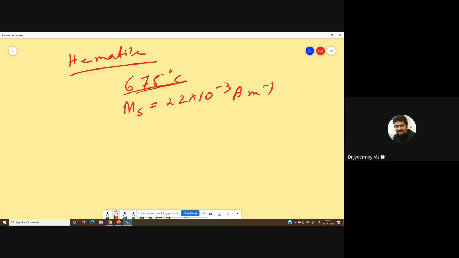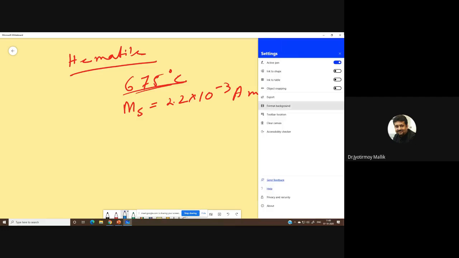I'll just finish the class with one particular explanation. For hematite, after 675 degrees centigrade, it starts acting as a paramagnetic mineral. Below minus 23 degrees centigrade, it acts as a ferrimagnetic mineral.